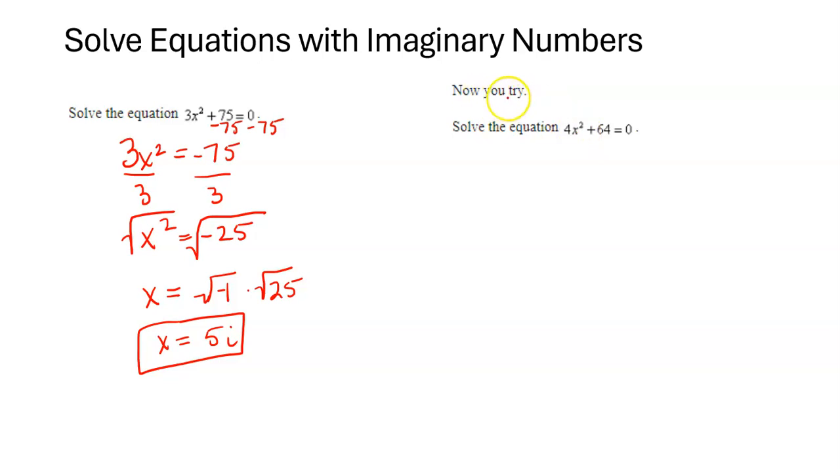Okay, over here this is a now-you-try, so if you want to pause the video, same thing, we're going to subtract. That's negative, so then we do the same thing, we square root.